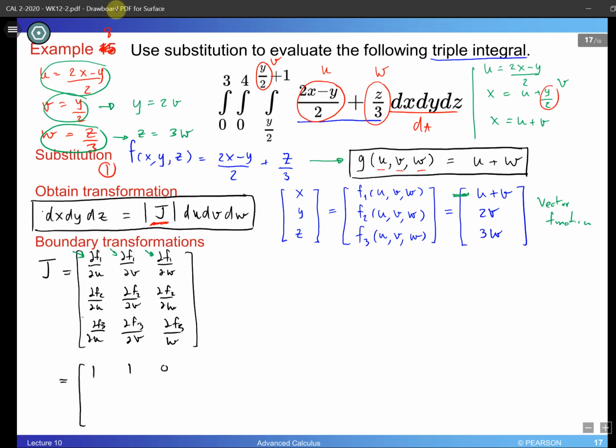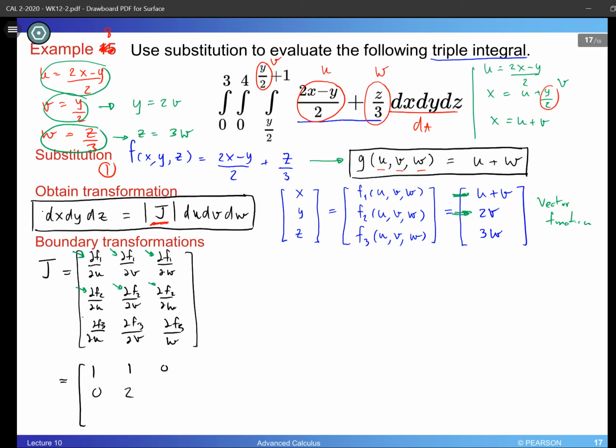So let's move to F2. F2 with respect to u. There is no u here, so I get 0. F2 with respect to v: differentiating this with respect to v, we get 2. And the last one, F2 with respect to w.